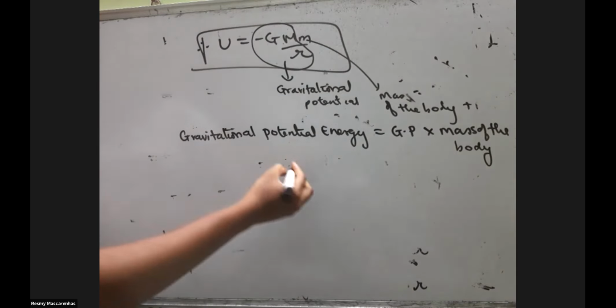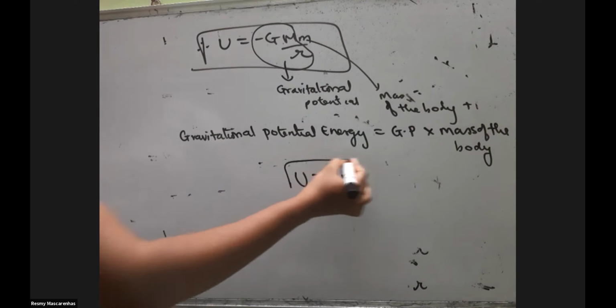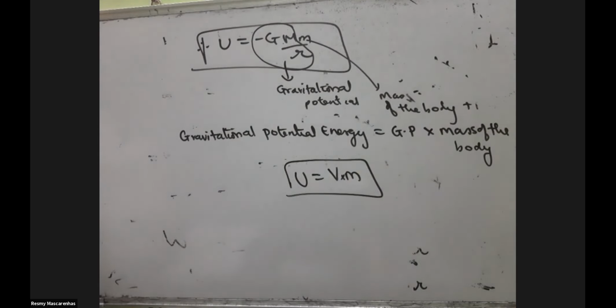So basically U is nothing but V into M. This is also one formula you can write.